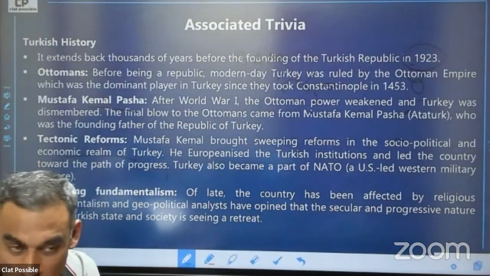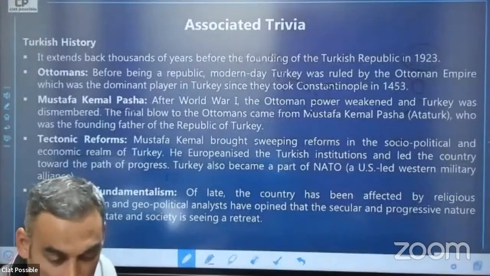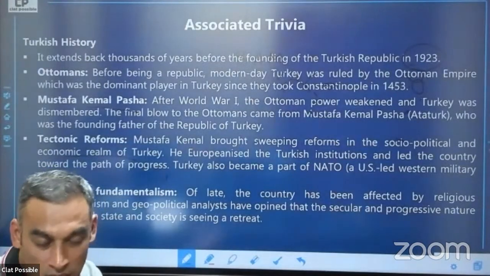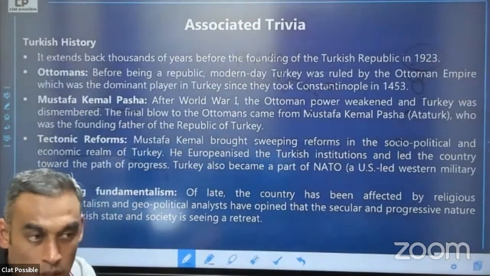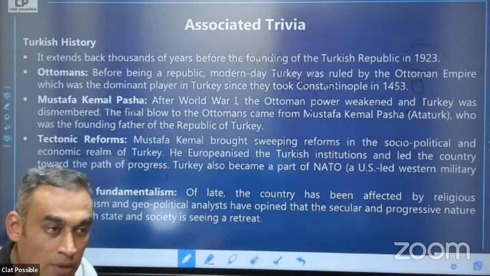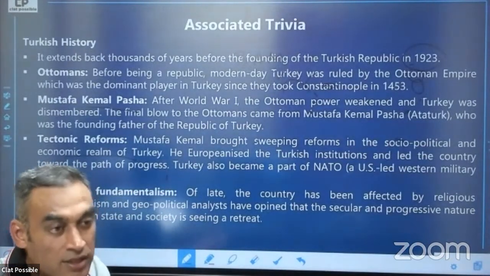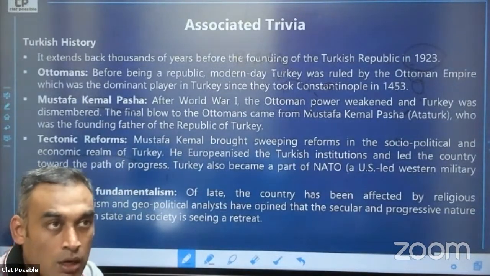You should know that the province is called Gaziantep. And fifth, you should know the countries sharing a border with Turkey. Sixth, you should know about the water bodies surrounding Turkey, which are the Black Sea, Sea of Marmara, Bosphorus Strait, the Strait of Dardanelles, the Aegean Sea, and then the Mediterranean Sea.